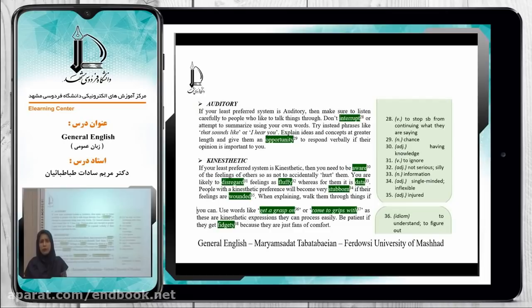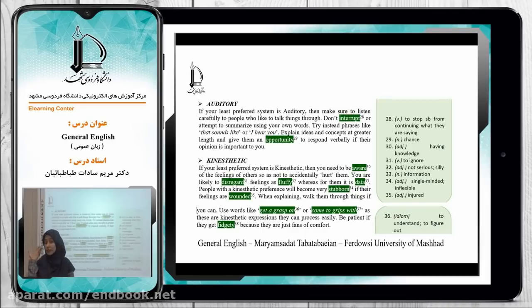Now, auditory people, what are they like? It says if your least preferred system is again auditory, you have to pay attention to these issues. It says make sure to listen to people carefully.